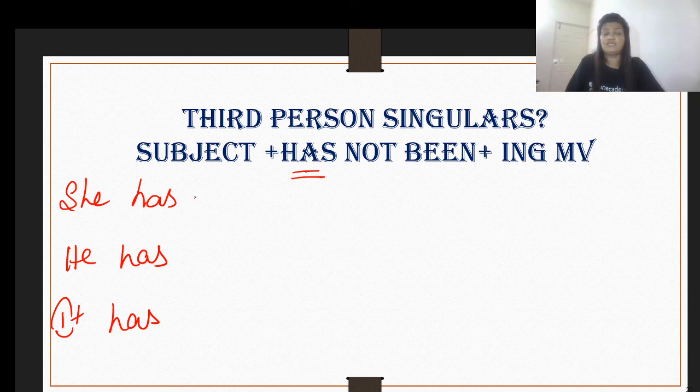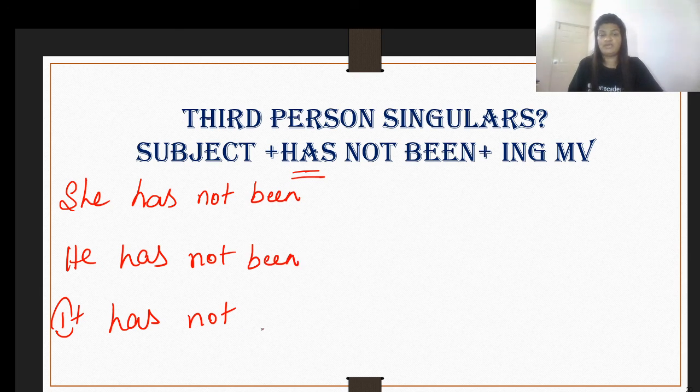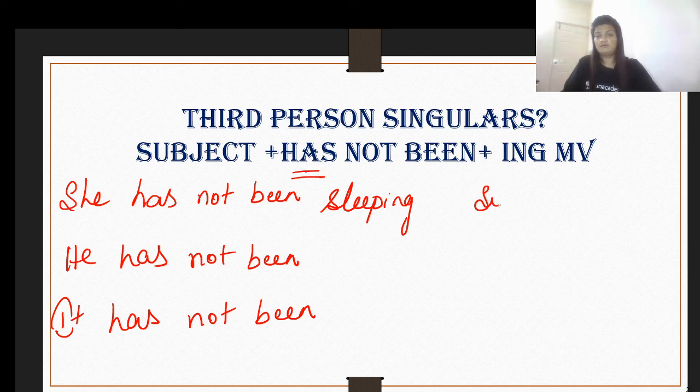To negate it, we bring in the negative word. She has not, he has not, it has not. And to mention this in present perfect continuous, we introduce the verb been, and then comes the ing verb, which is sleeping since morning.